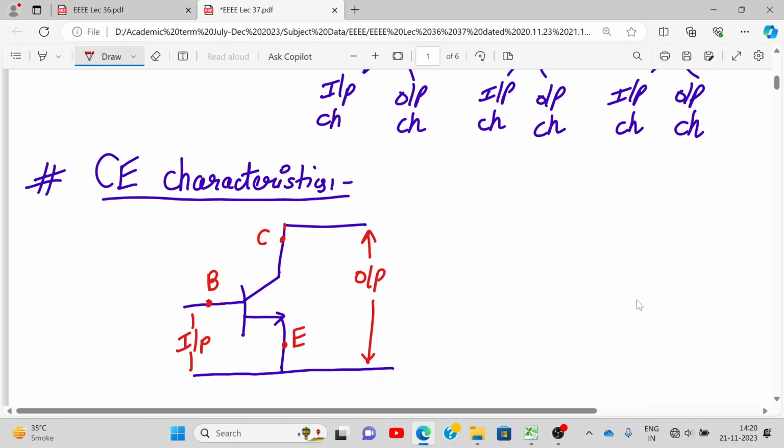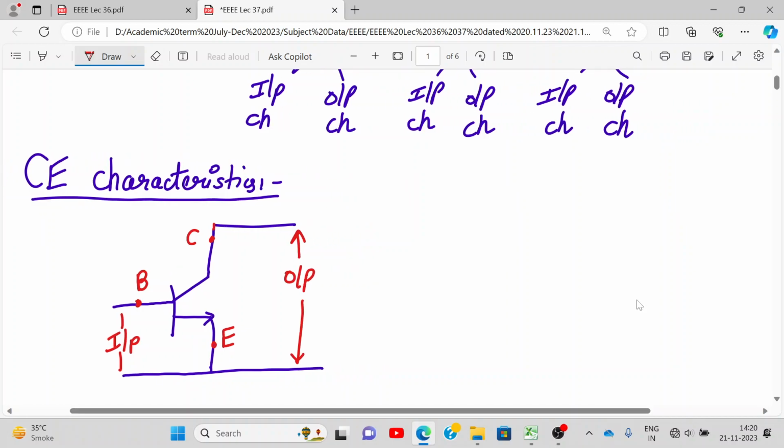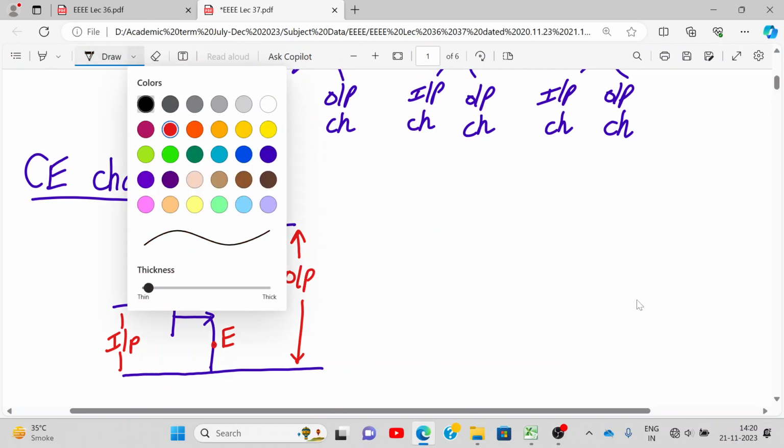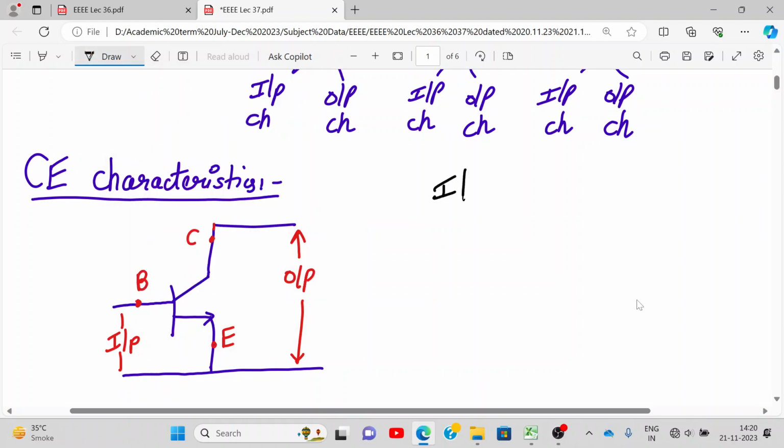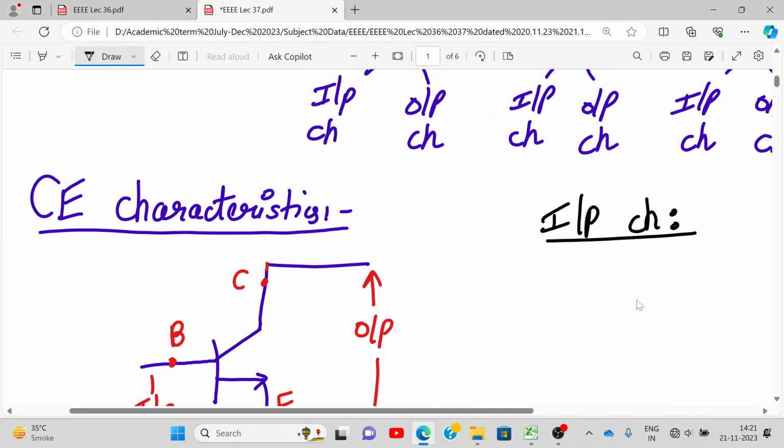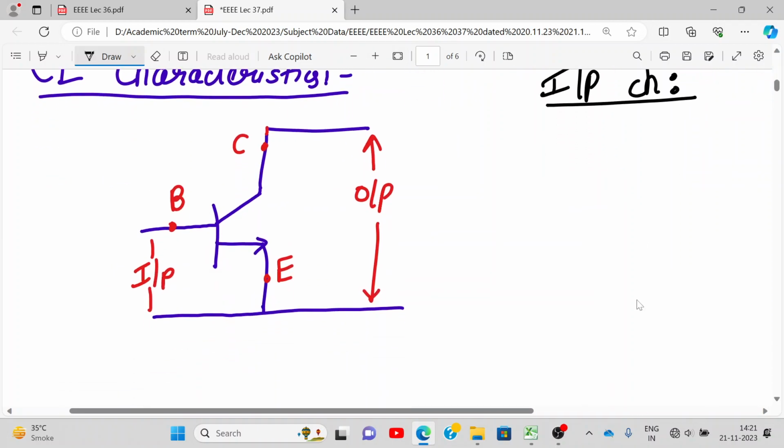Understood? Now, tell me for input characteristics. Now I want to plot input characteristics. Please draw this diagram along. And now I will draw input characteristics. What did I tell you for input characteristics? Input current versus input voltage, right? So what is my input current over here? IB.